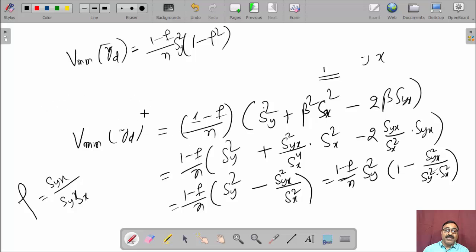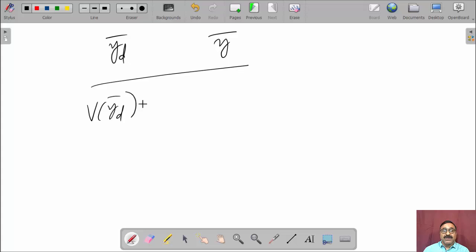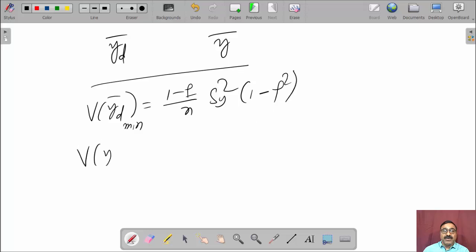Now if we compare the difference estimator with the simple mean estimator, that means we compare y_D bar with y bar. Variance of y_D bar is equal to (1 minus f) by n sy square (1 minus rho square), and variance of y bar is equal to (1 minus f) by n sy square.